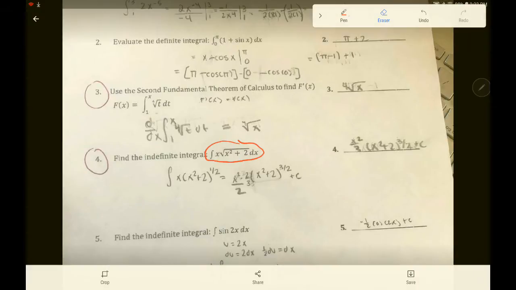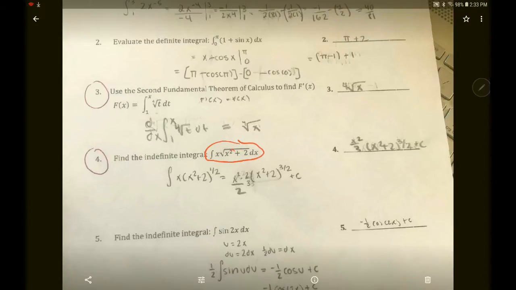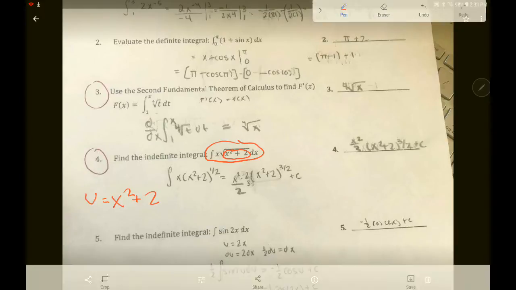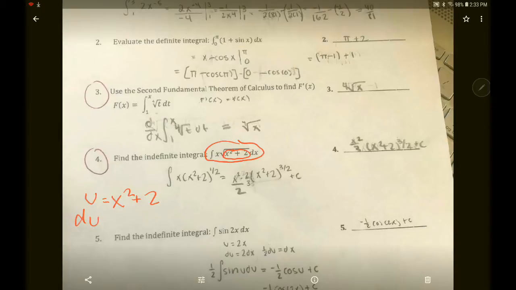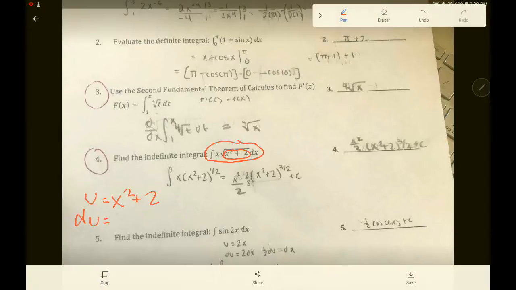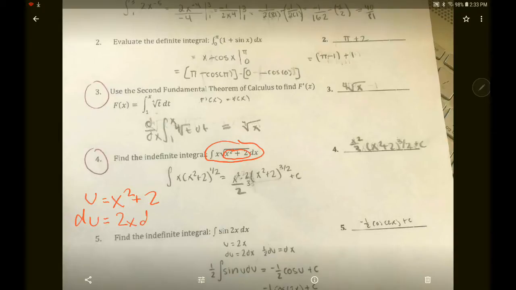I don't know how they're teaching this, but a pretty straightforward way is to do what's called a u substitution. So we're going to set u equal to x squared plus 2. So du equals 2x dx.